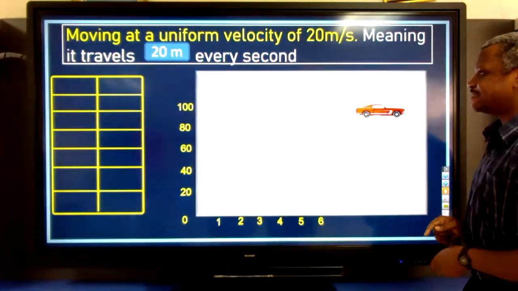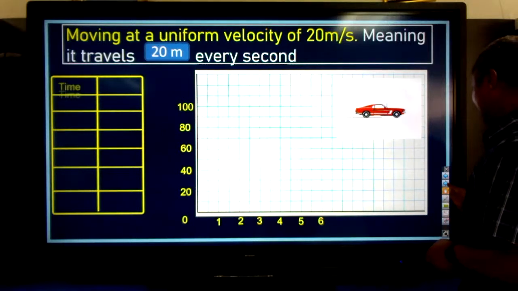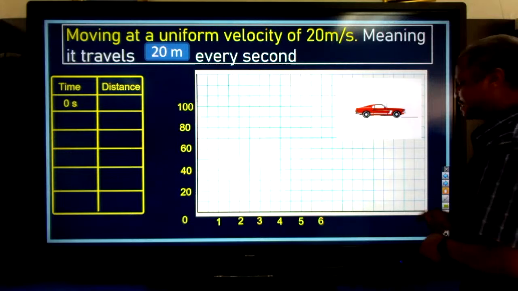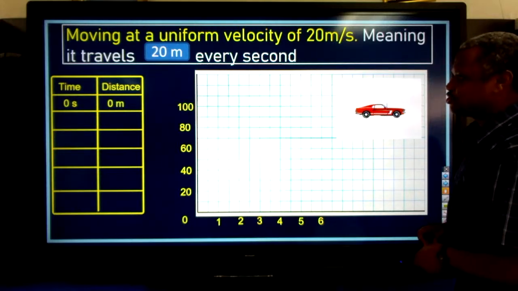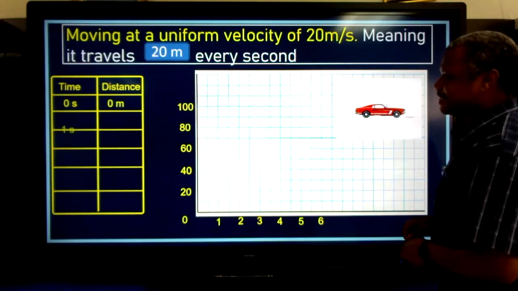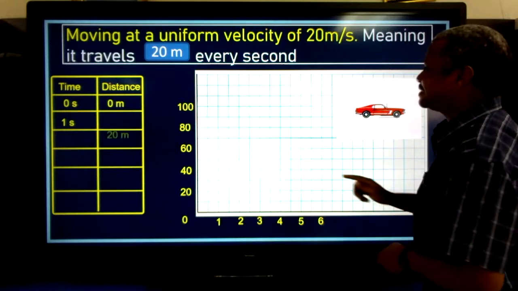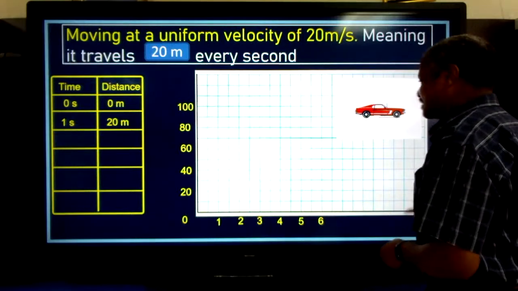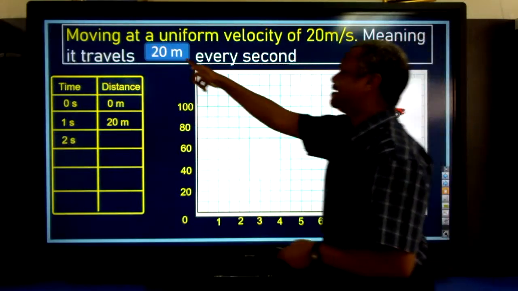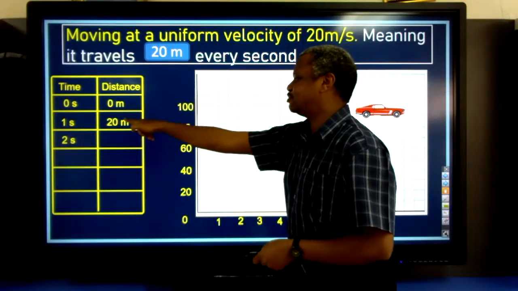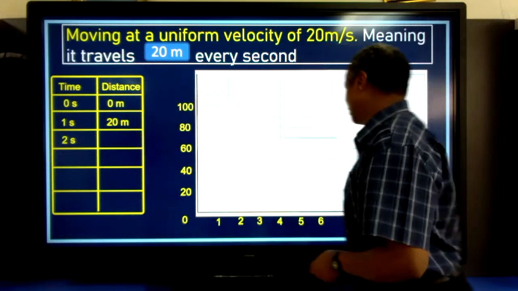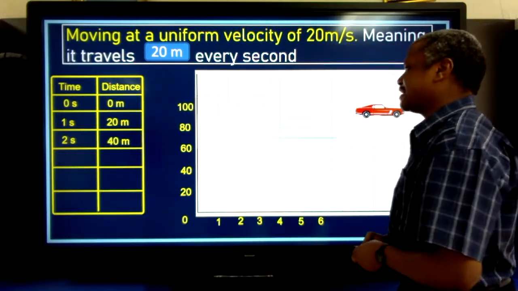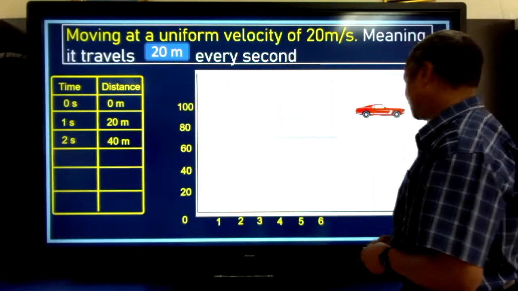Again, using the table, we can look at time and distance. At 0 seconds, it has moved 0 meters. At 1 second, it has moved 20 meters. At 2 seconds, it will move an extra 20, that is 20 plus 20, a distance of 40 meters.